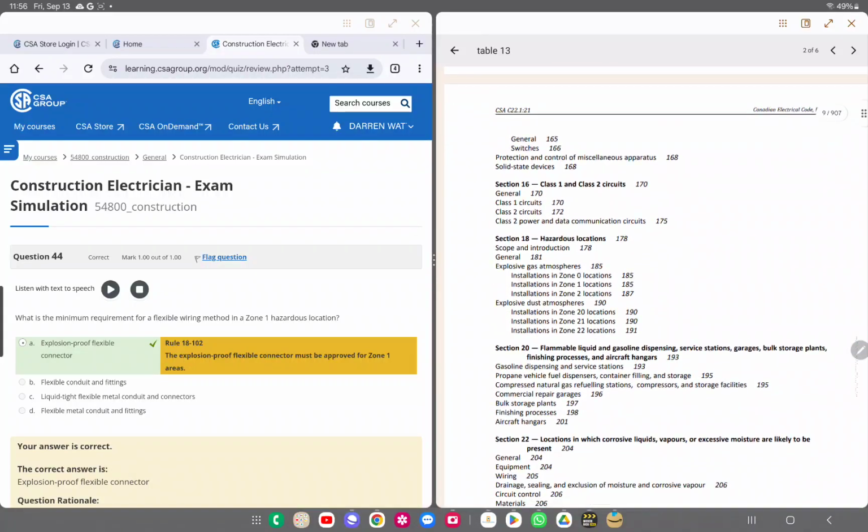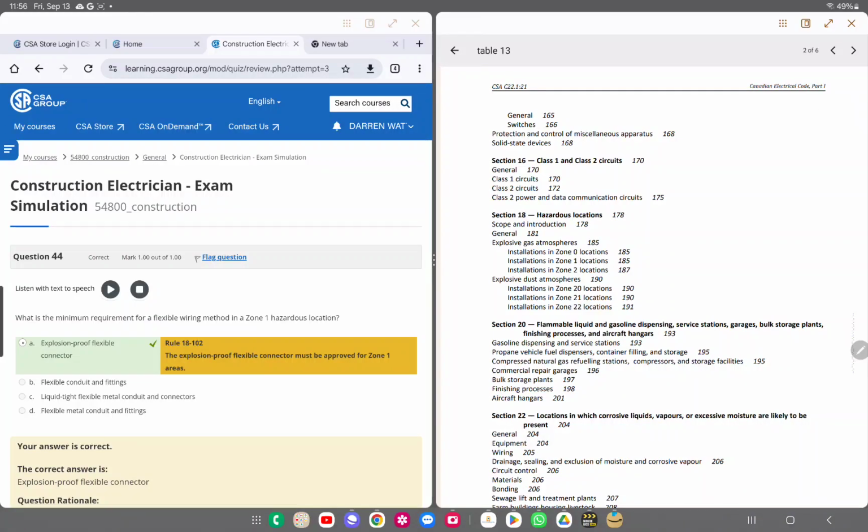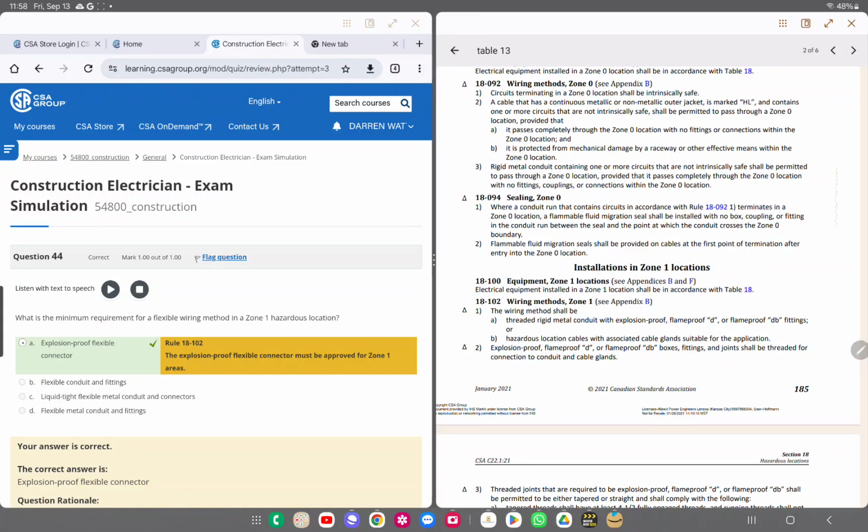We scroll down the table of contents, we're looking at hazardous locations, installations in zone 1 locations. So we'll take ourselves over to 18-5 and check it out. I scrolled down and came across installations in zone 1 locations.